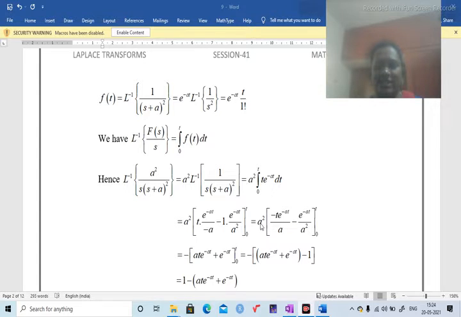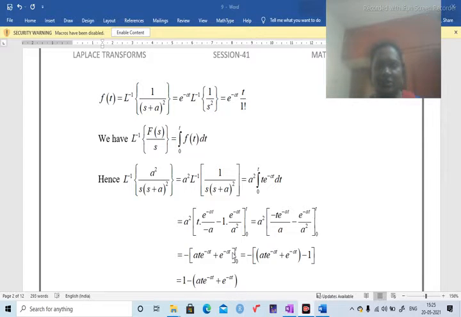Again multiplying a squared into the terms inside the bracket, then take minus common. So, a times t times e^(-at) is the simplification of this term. A squared and a squared get cancelled. I am taking the minus sign common, that's why plus e^(-at).